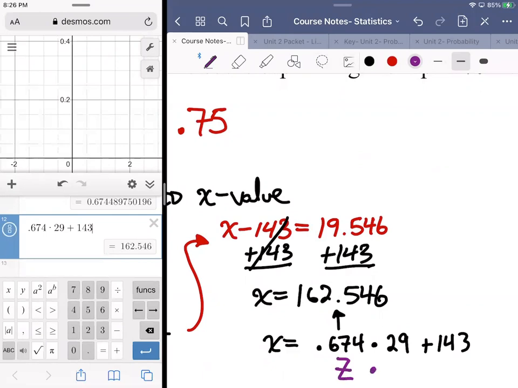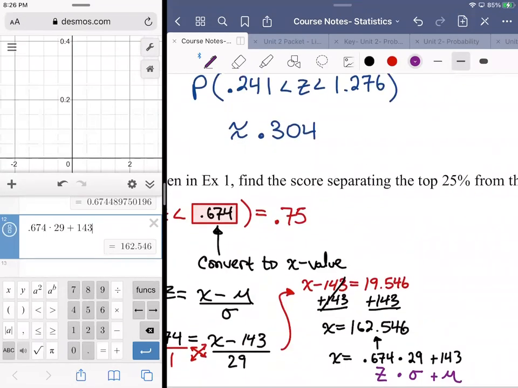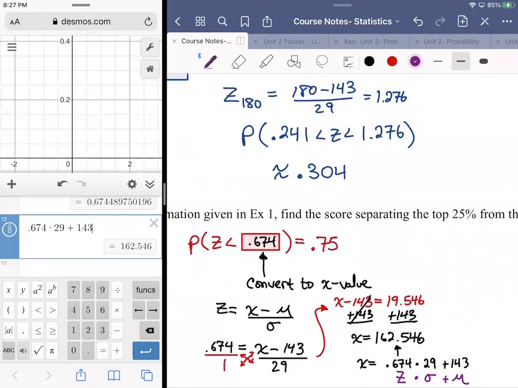The 29 was sigma, and the 143 was the mu. What that tells me is that if I get the product of the z-score and sigma and add to it mu, then that'll give me an X value.